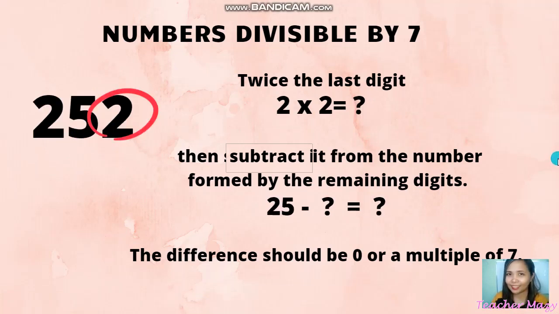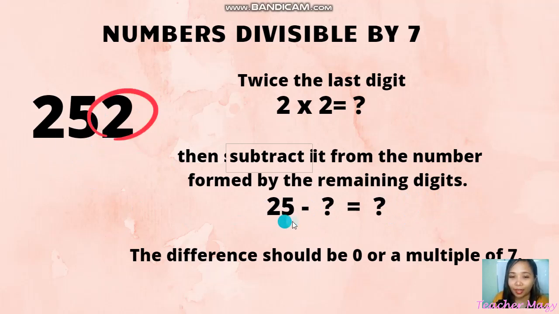Next, another example. So we have 252. So twice the last digit. 2 times 2 is equal to, so try to answer this on your paper. Then subtract it from the number formed by the remaining digits. So tanggalin natin yung 2. Ang matitira ay 25.